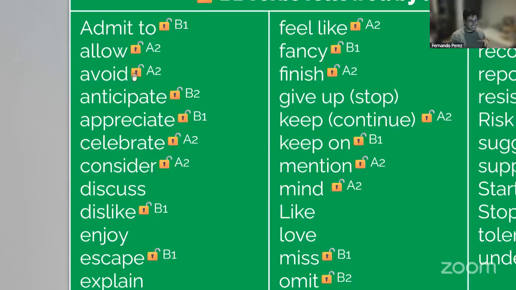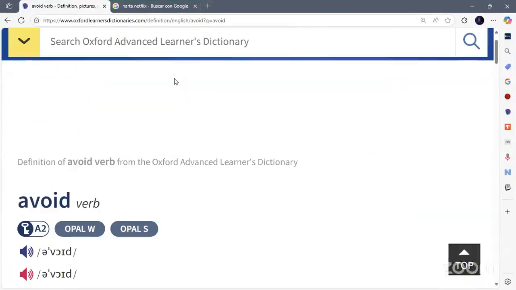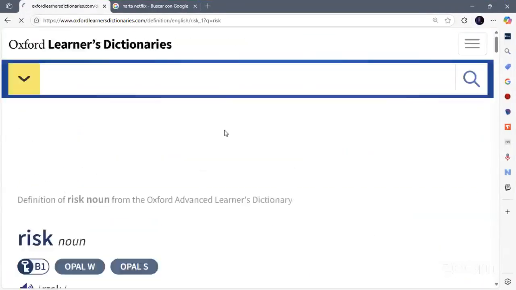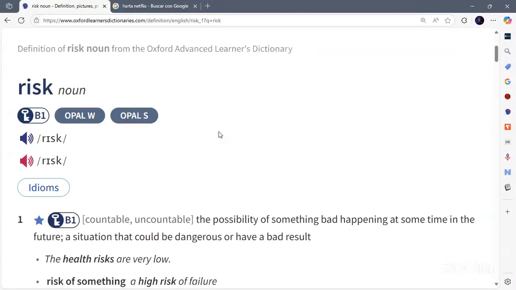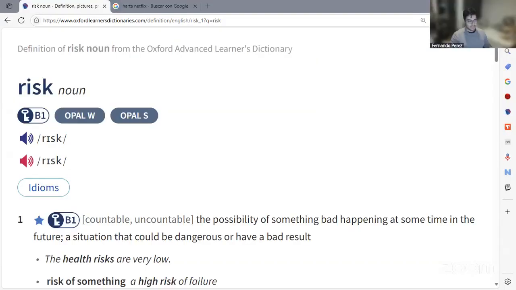Do you know what is risk? Riesgo. Yeah. So we usually use avoid when you are talking about risks. And saving money is not a risk. Yes, teacher, that's the reason it sounds strange.